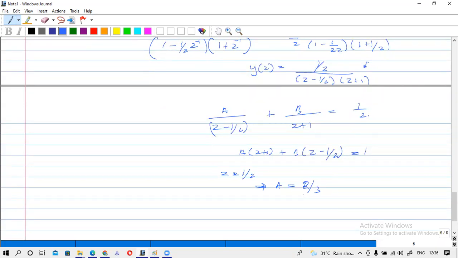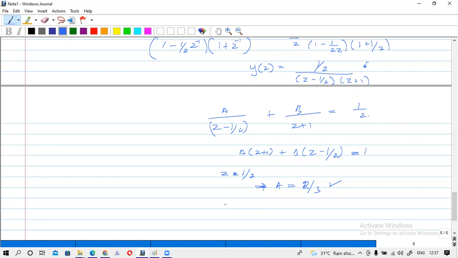So you can check whether I'm making any numerical mistake. Okay, so this should be half. If I get z is equal to half, this part will be cancelled. Half plus 1 means 3 by 2, so A is equal to 2 by 3. Correct, no?